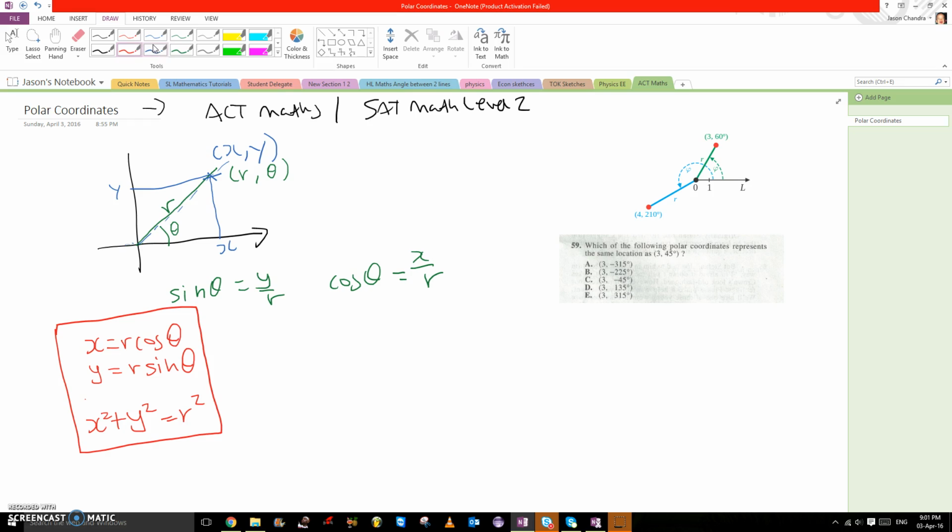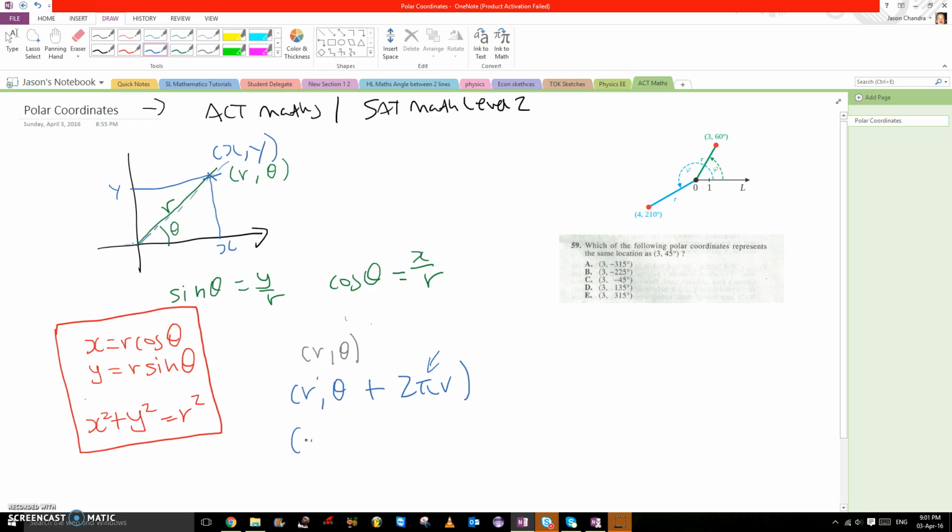And through this, we also have to memorize this equation: when a point is represented by r, theta, it can also be represented by r, theta plus 2 pi n. So basically, increments go up in terms of 360 degrees or 2 pi.